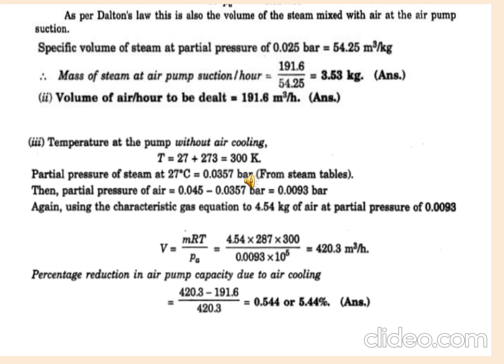So 191.6 divided by 54.25 equals 3.53 kg. Okay, in the second bit, the volume of the air per hour to be dealt with is 191.6 meter cube per hour, which we already got. Then for the third bit, we have to find out the percentage reduction in necessary air pump capacity following the cooling of the air.